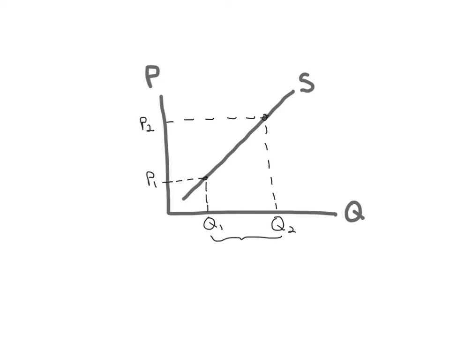Example number 1 asks what happens to the elasticity of the supply of physicians when the duration of medical school increases to 10 years. So the supply curve we're looking at here is the supply of physicians.